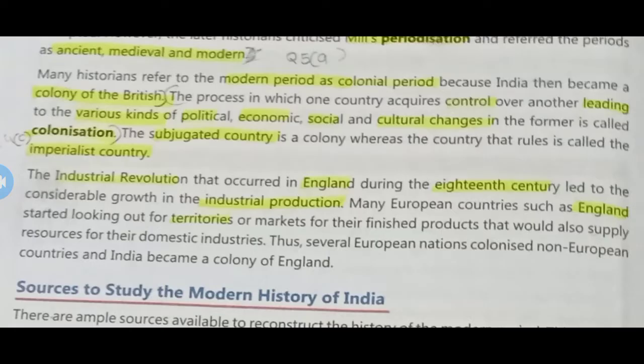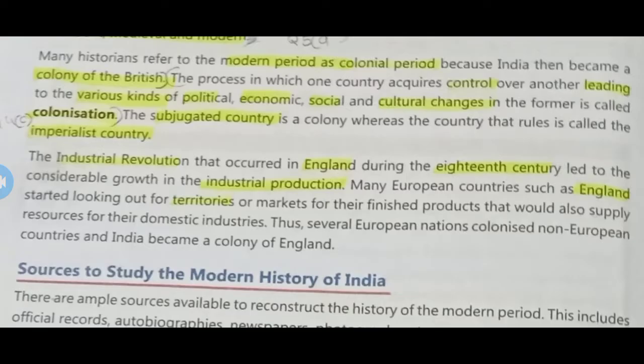This change led to considerable growth in industrial production, and many European countries like England started looking out for territories or markets for their finished products, which would also supply resources for the domestic industries. So several European nations colonized non-European countries, and India became a colony of England.